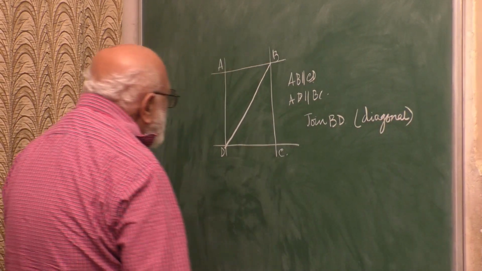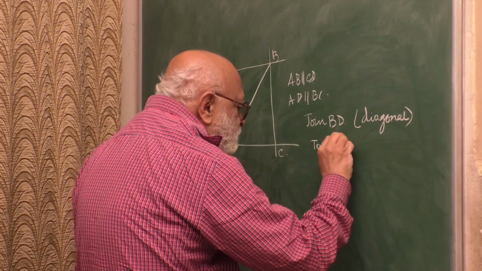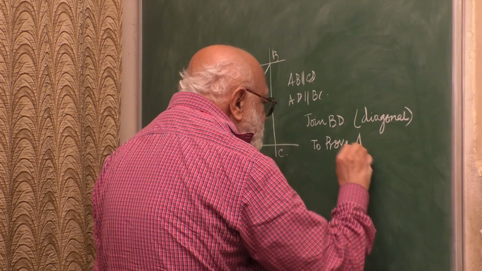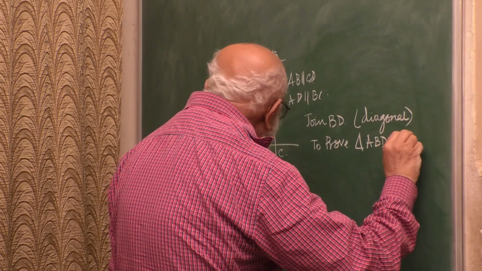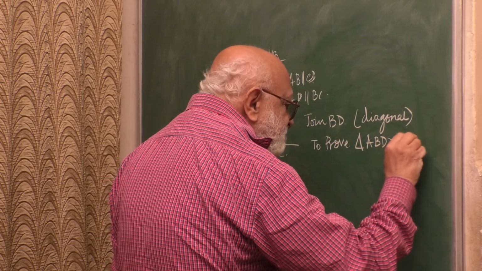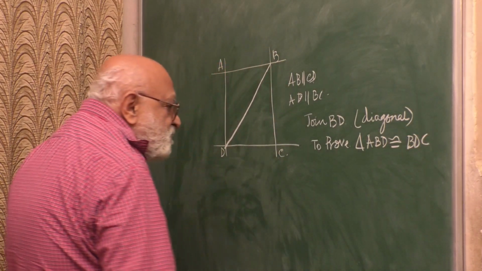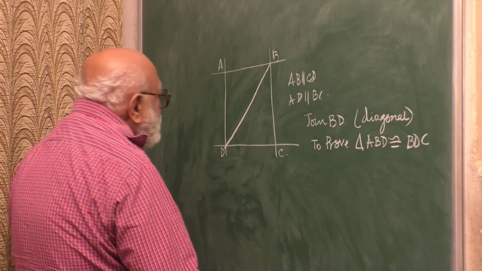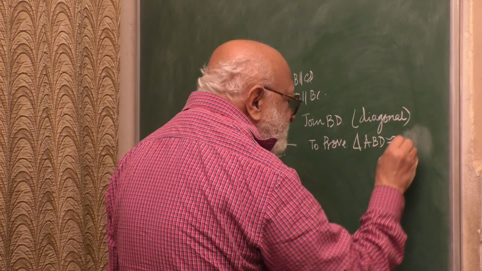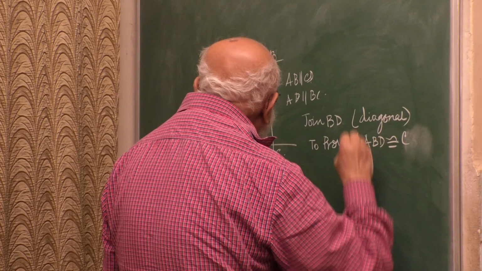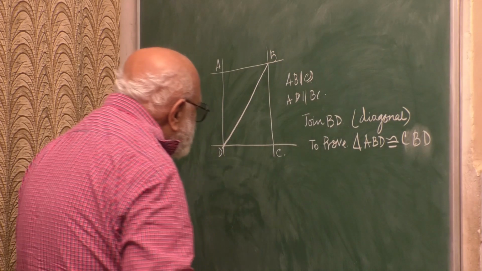Now we will prove that triangle ABD is congruent to triangle BDC. We can also take the corresponding one, let us call it CBD.